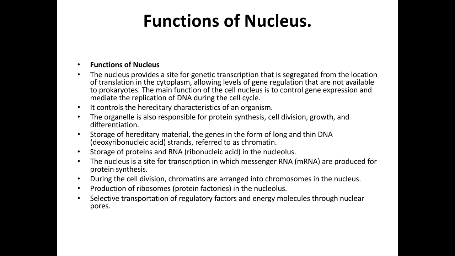The main function of the cell nucleus is to control gene expression and mediate the replication of DNA during the cell cycle. It controls the hereditary characters of an organism.